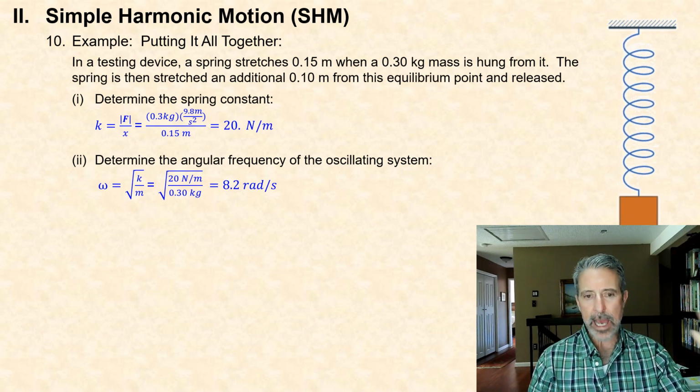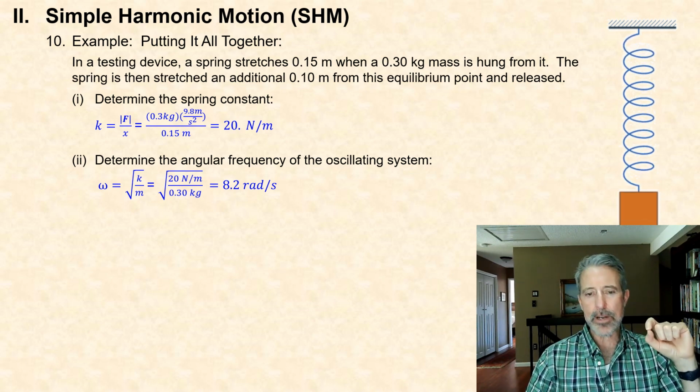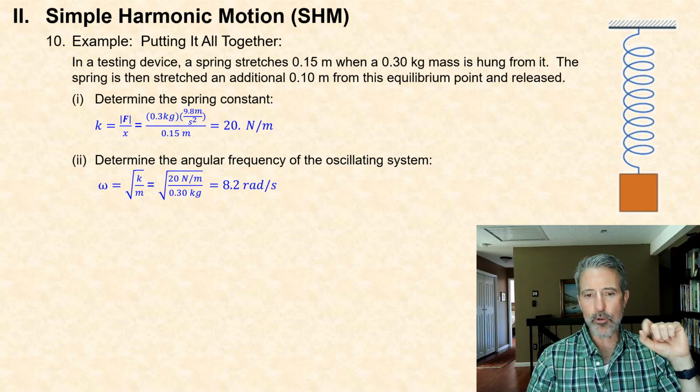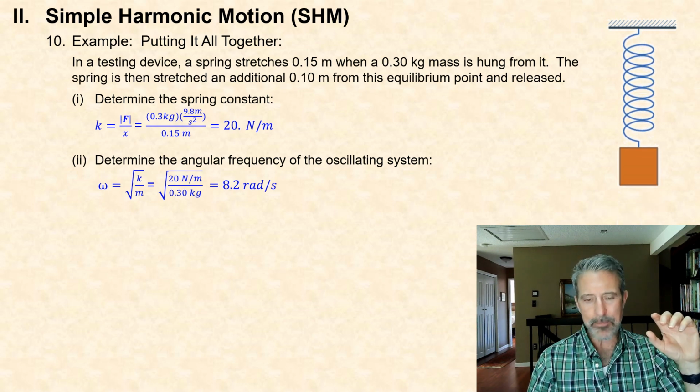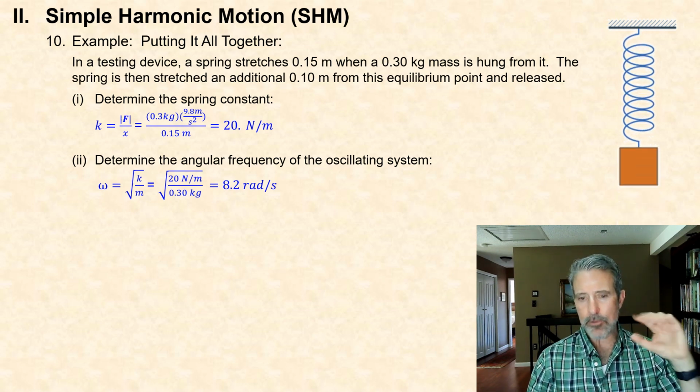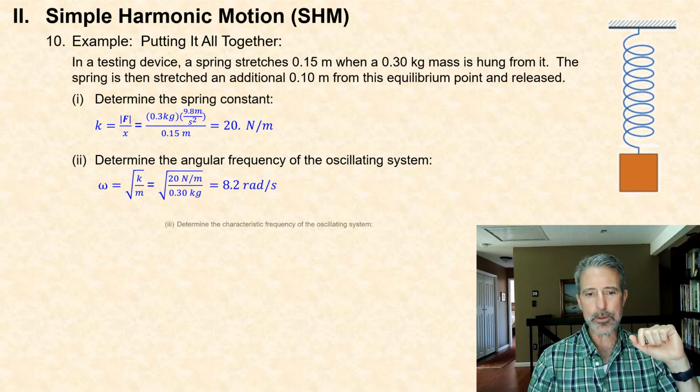We know k, we figured that out from the first part of the problem, divide through by the mass, and we are done. We get a value of omega of 8.2 radians per second. Remember, the radian is a unitless quantity. We can add it in there for omega, but technically it has no units.